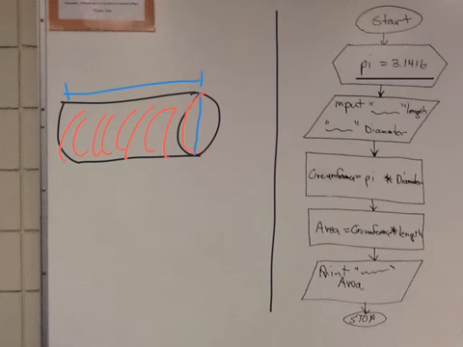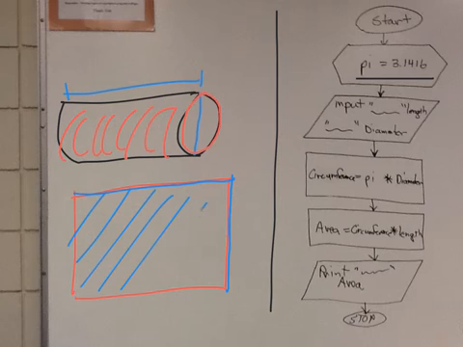Finding the circumference here, how far around this was, and then you could roll it out and you would have a rectangle. So right along here was a circumference, up here's the length, so if you multiply those two, you would have the area of what you needed. So here, we have input, the two things we need, length and diameter, found the circumference, area would be length times circumference, print it out, all done.